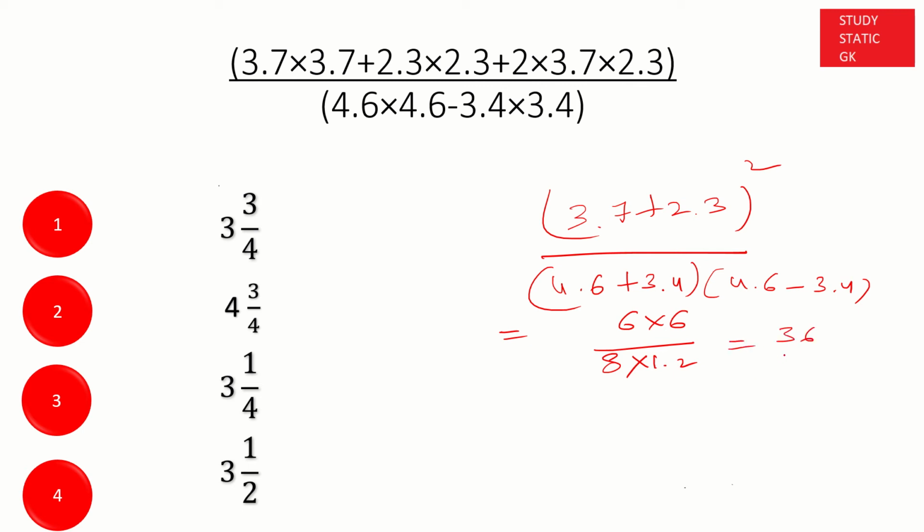So 6 sixes are 36, and 1.2 times 8 is 9.6. Simplifying, 3 sixes are 18... so again 30 by 8, so again it is 15 by 4.